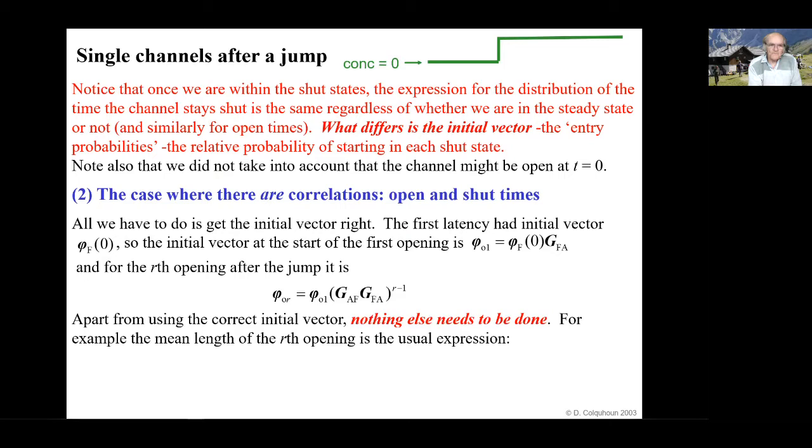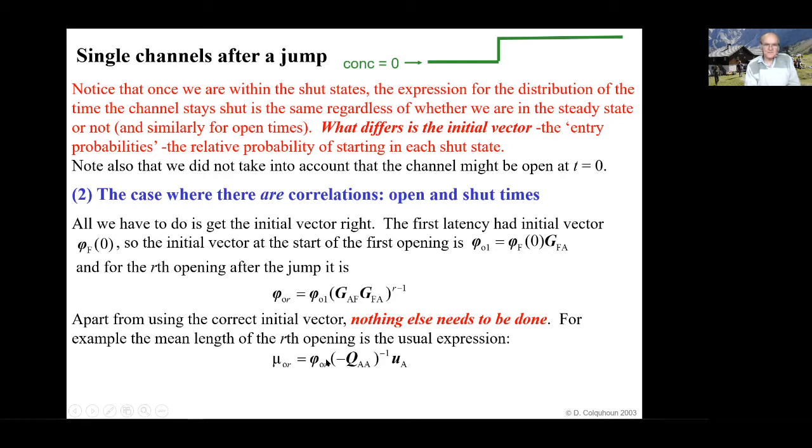So apart from using that, nothing else needs to be done. For example, the mean length of the rth opening is given by that expression. It's exactly the equilibrium expression, except that we use the appropriate initial vector.